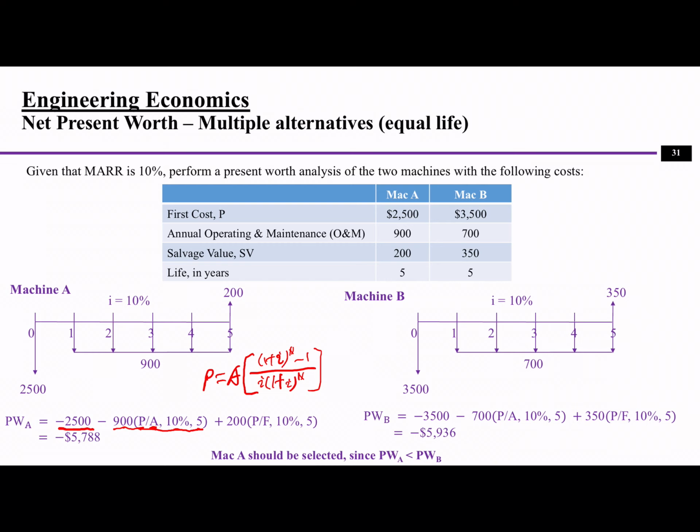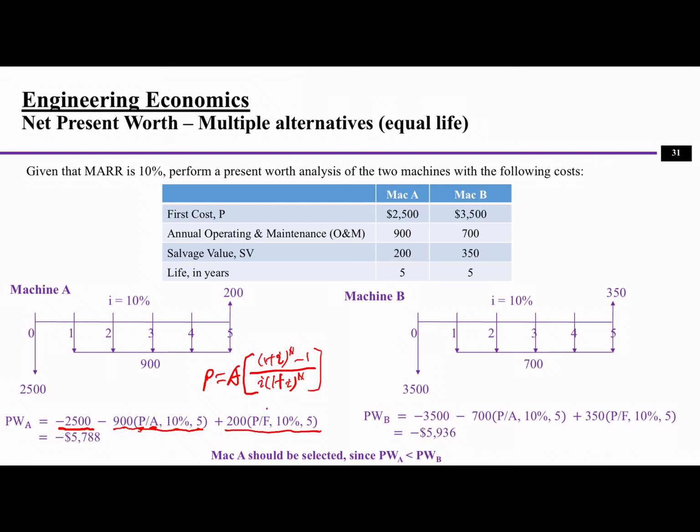A is $900. So we use this notation to show that we are converting all the $900 payments over the five periods at 10% interest back to time zero to find P.